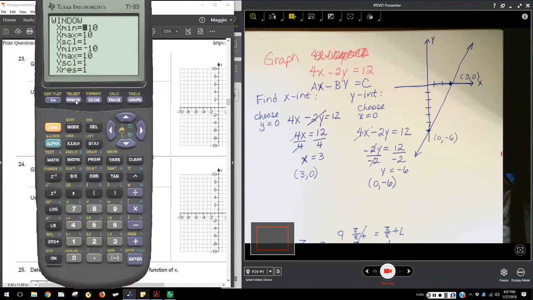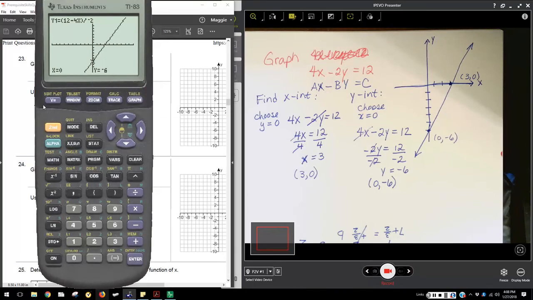And you can verify here that that is negative 10 to 10 in both directions with an x scale of 1. It's going to put a tick mark for every number. And your graph looks like this, which looks pretty much like what I sketched on the paper. If you want to verify that those points are correct, what you can do is hit your second trace button and get your calc menu and say when the x value is 0, what's the y value?